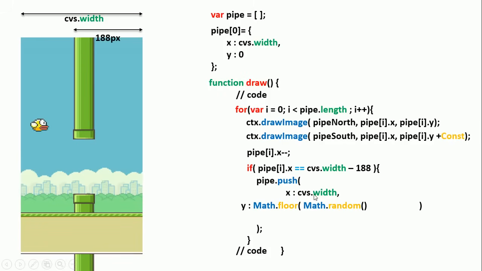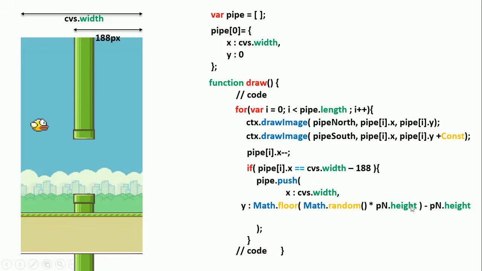So for that we will multiply our Math.random by the pipeNorth.height. So now we will get 0 if Math.random returns 0, and we will get pipeNorth.height if Math.random returns 1. And then we say minus pipeNorth.height.